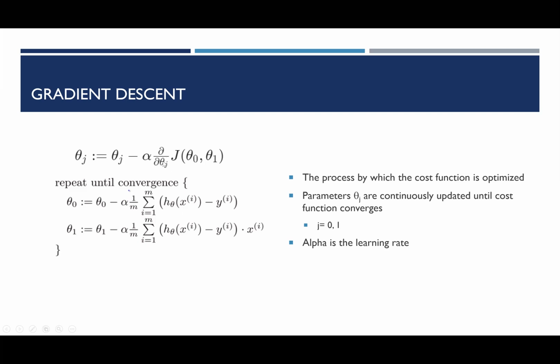Also notice this partial derivative is really just what you get if you do the chain rule on the cost function.